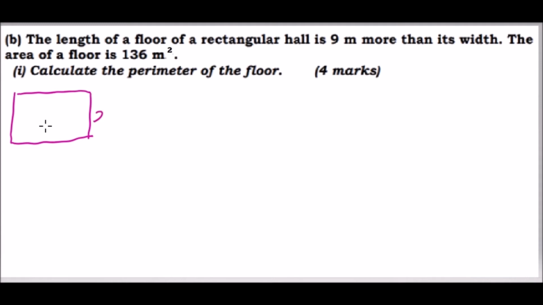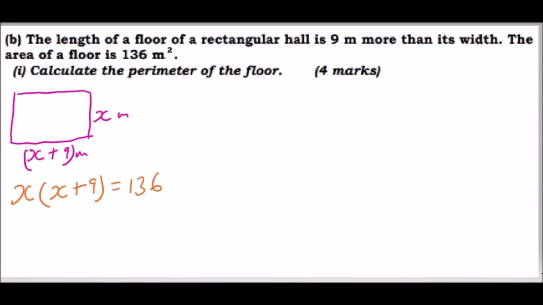So if we say the width is x, then the length is x plus 9 meters. And because we are given the area, the area is equal to width times length, which is x multiplied by x plus 9, and that area is equal to 136.